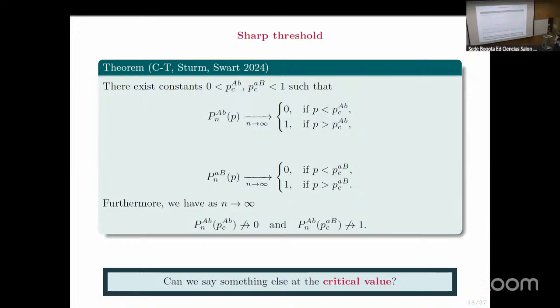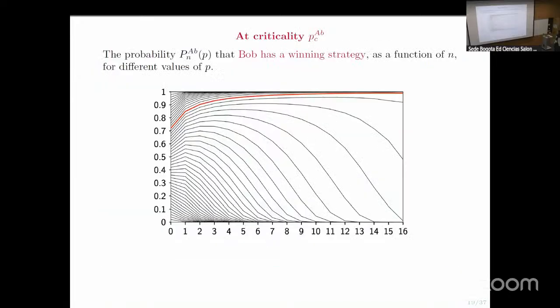So the question is, can we say something else about this critical value, because this is the interesting value, right? So we ran some simulations, and you can see here the simulations. Every curve corresponds to a value of p, and n is the number of moves, and this is the probability of having a winning strategy. Below this value, they start to increase and then decrease.